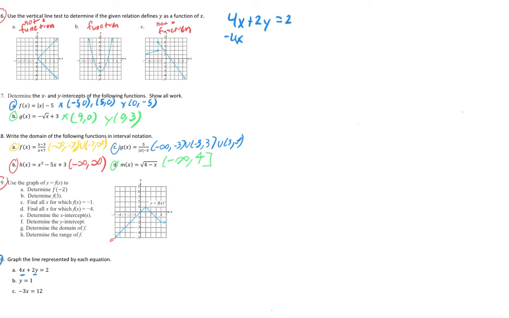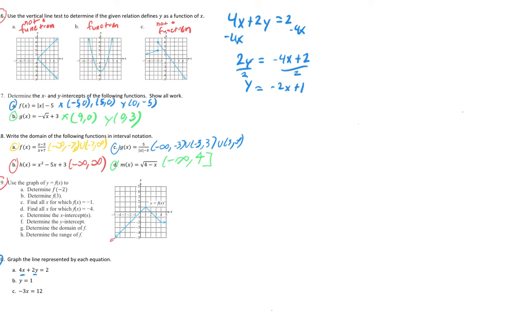Subtract 4x from both sides. 2y is equal to negative 4x plus 2. Divide both sides by 2. And then simplify. And we get that y equals negative 2x plus 1.